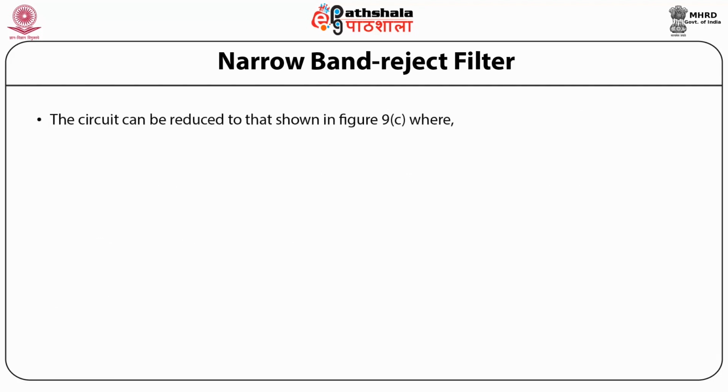Slide number 18. The circuit shown in the previous figure can be reduced to that shown here, where ZA double prime is equal to 2R into, within the brackets, 1 plus j omega CR divided by 1 minus omega square C square R square, brackets close.